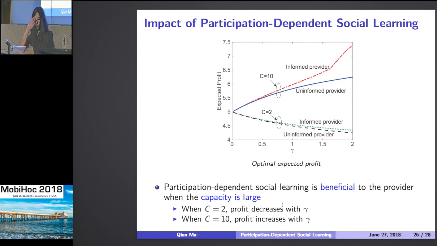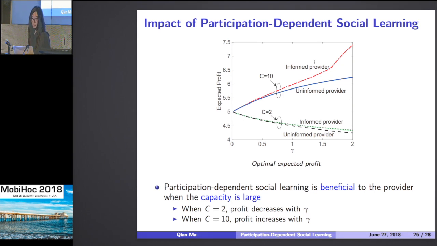Finally, let's show the impact of participation-dependent social learning on the provider's optimal expected profit. On this figure, the y-axis is the provider's expected profit. First, let's focus on the two lower curves. They represent the informed provider and the uninformed provider's optimal profit when the capacity is small. We can see that when capacity is small, the provider's profit will decrease with the social learning parameter.